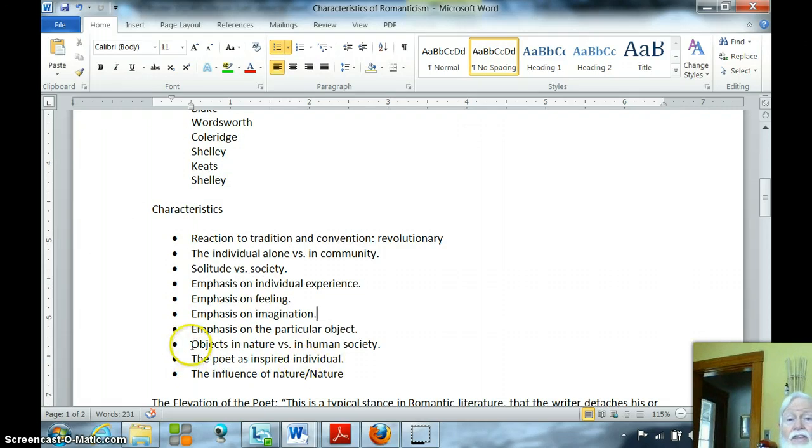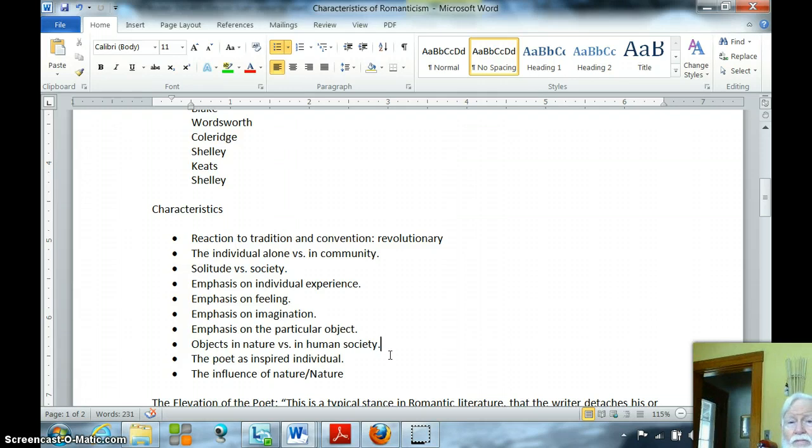And very often, then, those objects are objects in nature rather than objects in human society. So, for example, Shelley's West Wind in that Ode to the West Wind, an object in nature. Shelley also has a poem called Mont Blanc, which is inspired by a mountain in the Swiss Alps, all right?